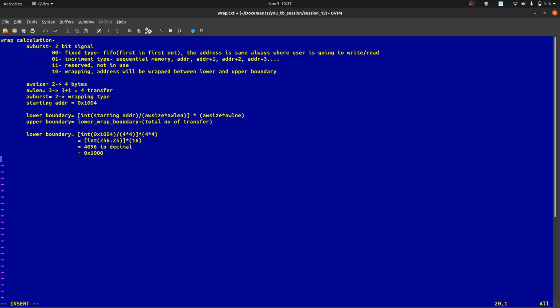So what will be your upper boundary? As we can see in the formula over here, lower boundary plus total number of transfer bytes. That means 0x1000 plus 16.